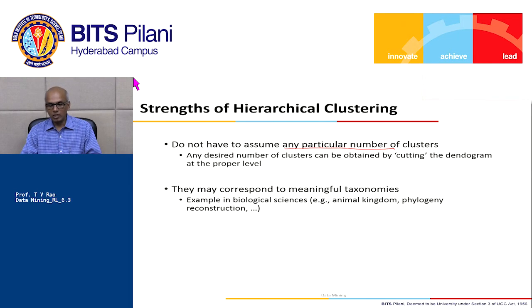For example, if we look at the animal kingdom, the taxonomy that is created is hierarchical. Some species are much closer, or highly proximal, to some other species compared to the rest of the species. So in that sense, it has a natural ordering within this approach.